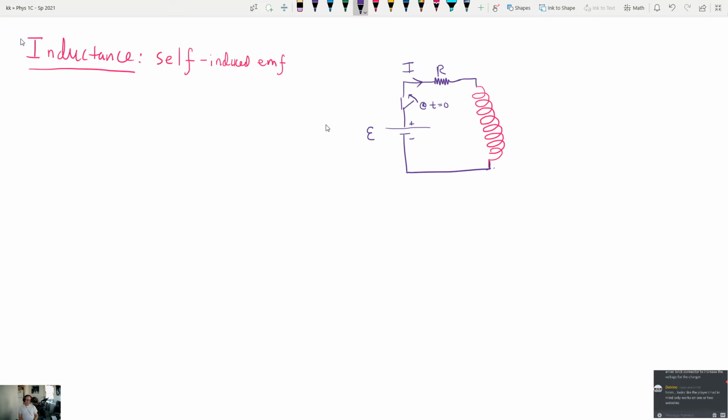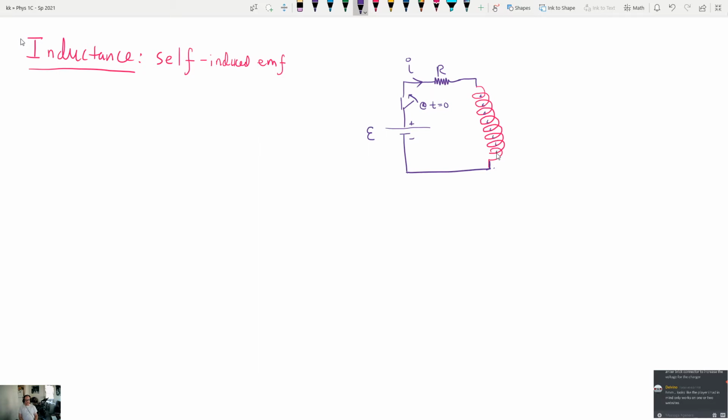Now, that current is not going to build up instantly. It's going to take time for that current to actually reach a maximum value. So let's say that at a moment in time, I represents the current flowing through this circuit. That current will also be flowing around all of these coils over here, right?